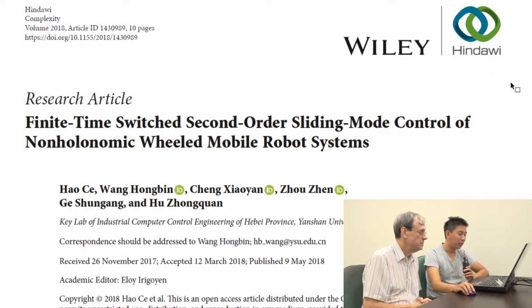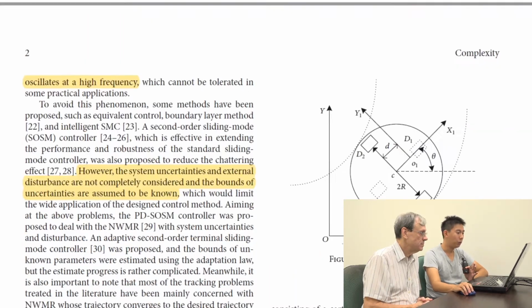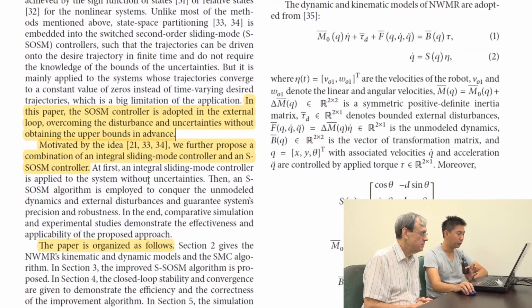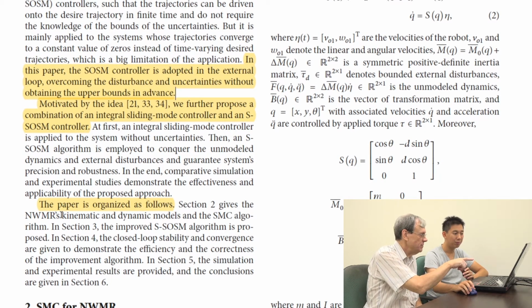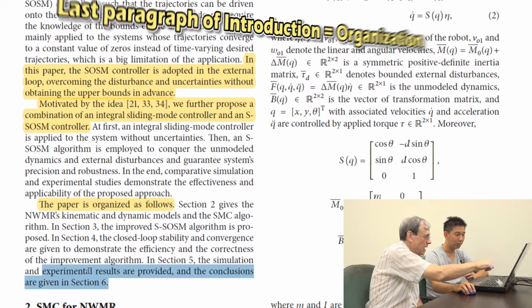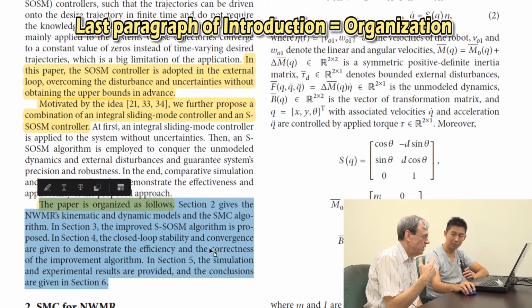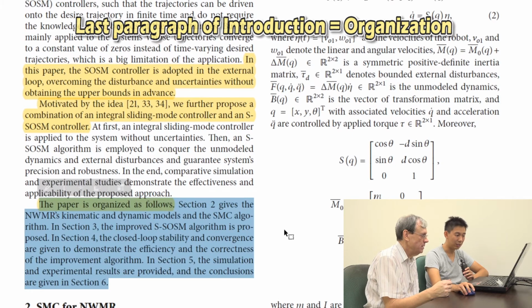Sure. To find a research goal, I recommend you to find the organization component first because it will lead you to find the research goal at last. Okay, now Wendy's paper didn't have organization, but you have the last paragraph there about the organization of the paper. Yes, right.